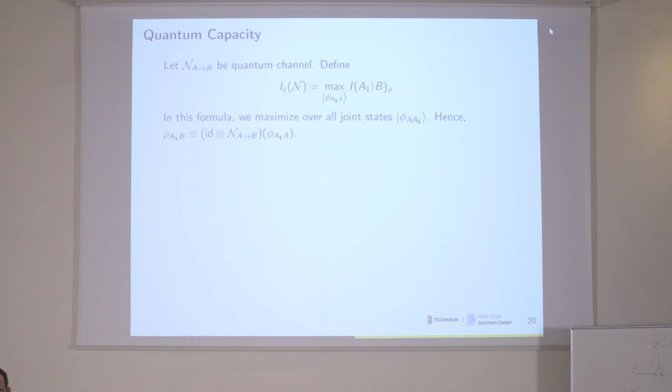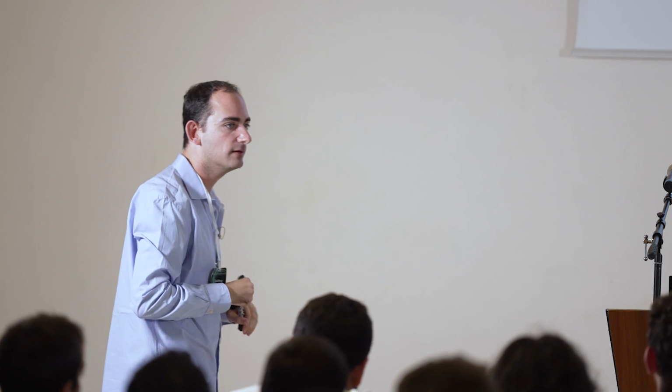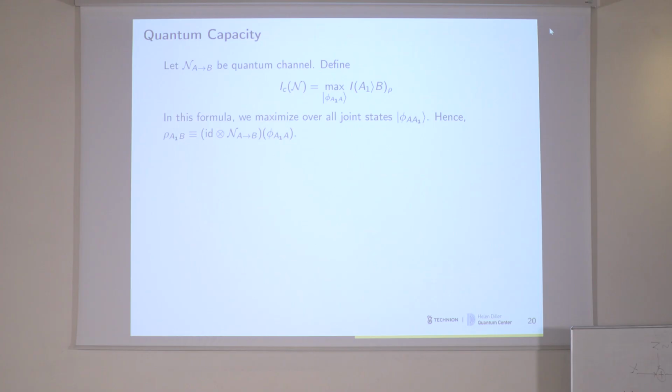Okay, and now can we compute the quantum capacity? Let's see. Here we define this formula. We look at the coherent information and we maximize over entangled states, phi A1 A. A is the channel input as before, and A1 is an ancilla that has the same dimension.